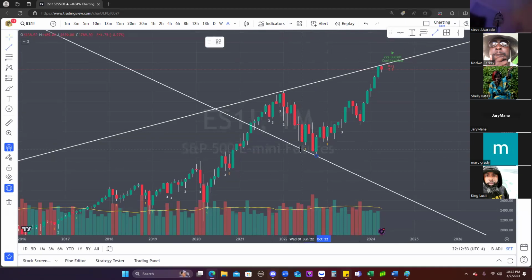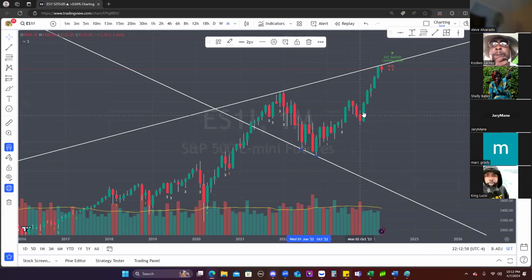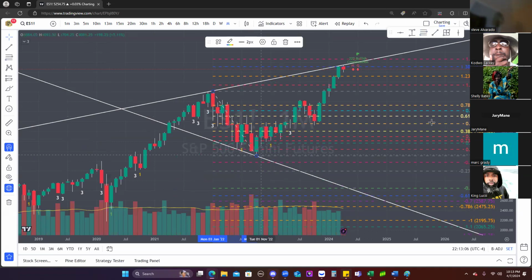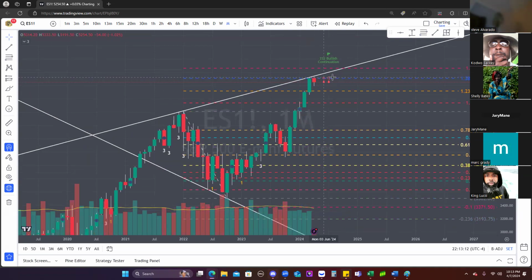And if you're not familiar with chart patterns, right here we have kind of a cup and handle situation. But as we throw fibs on here, we might be at the extension of that cup and handle, which we kind of are, 1.38. We're at an extension.